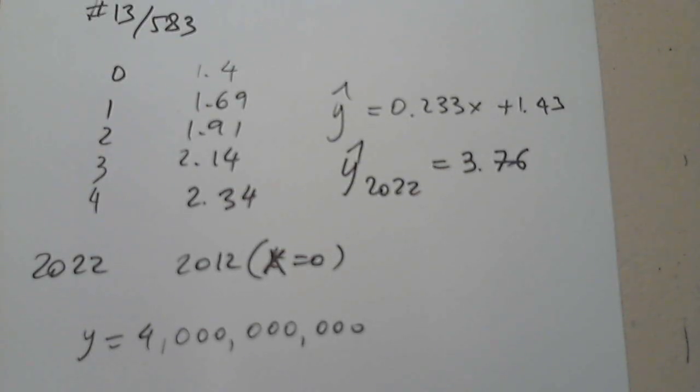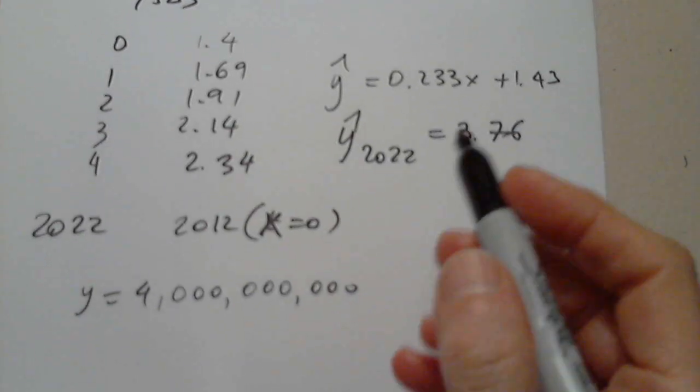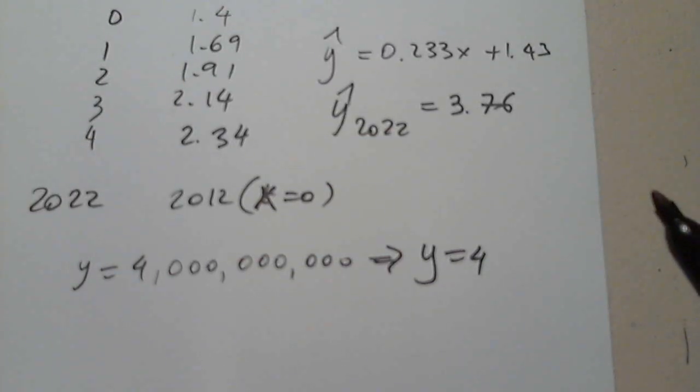Now, the last part is totally different. But we have to look and see at the measurement unit. Okay, so everything is in billions. So I just have to set it equal to 4. So I have this equation, and I have to set it equal to 4, because everything is in billions.